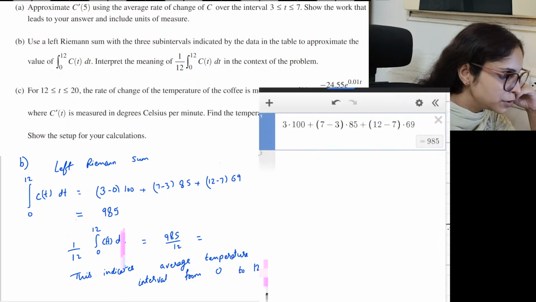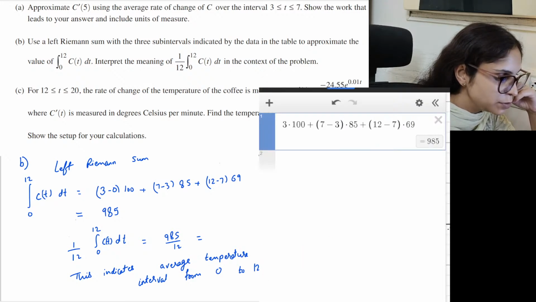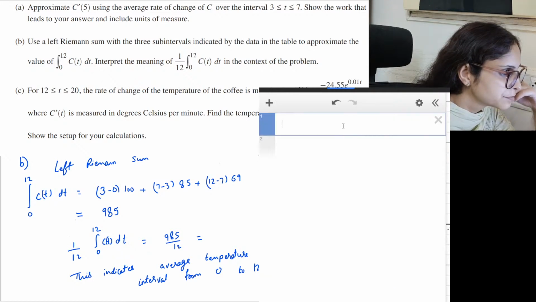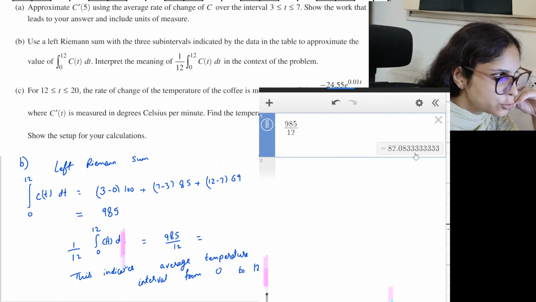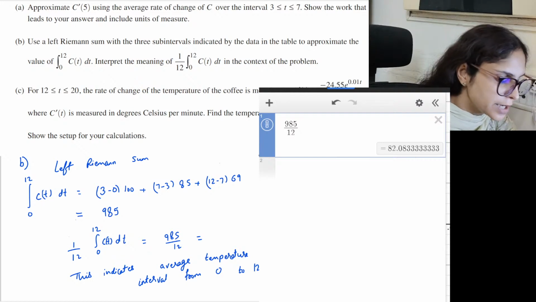So for that again, I'll be using Desmos. And this time we will be doing 985 divided by 12. It is 82.0833. So we can write it 82.08 degrees Celsius.